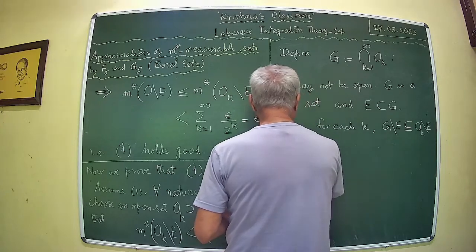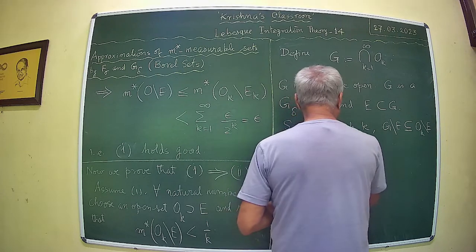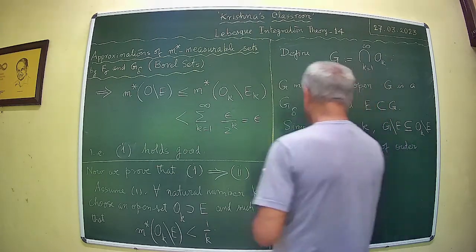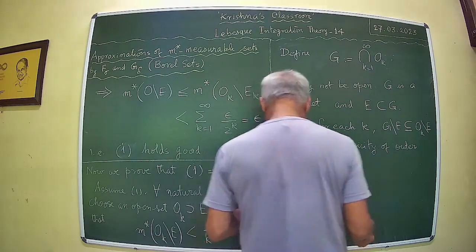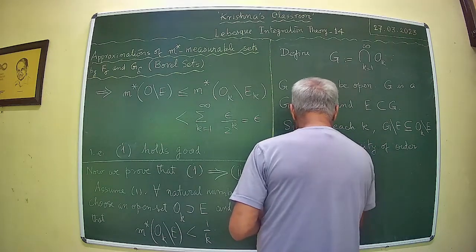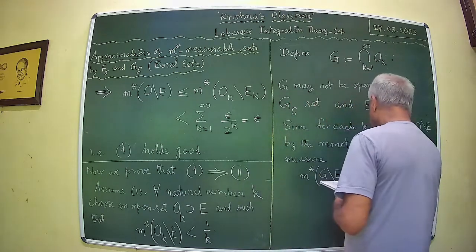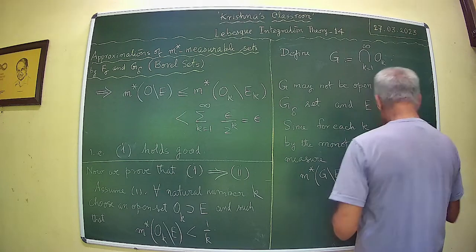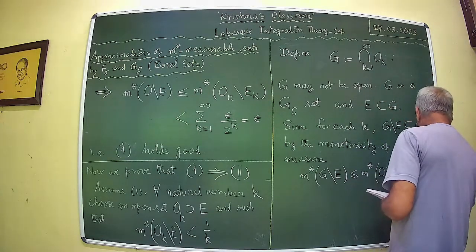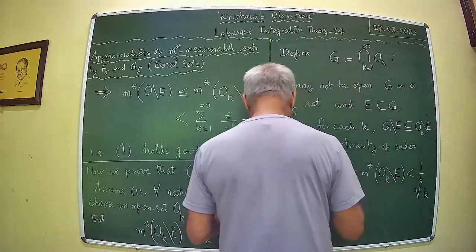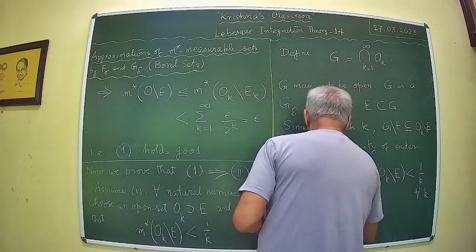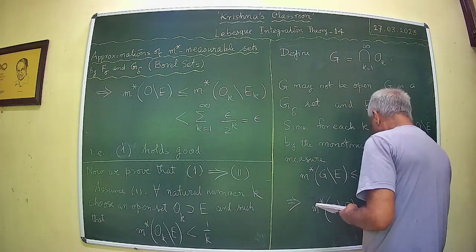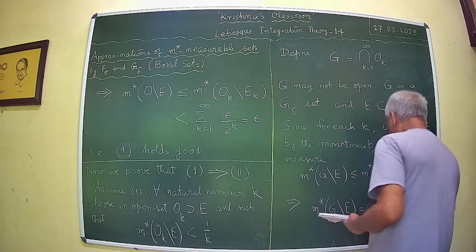By the monotonicity of outer measure, we have M star of G slash E is less than or equal to M star of O_K slash E, which is less than 1 over K for every K. And therefore M star of G slash E is 0, and that is condition 2.